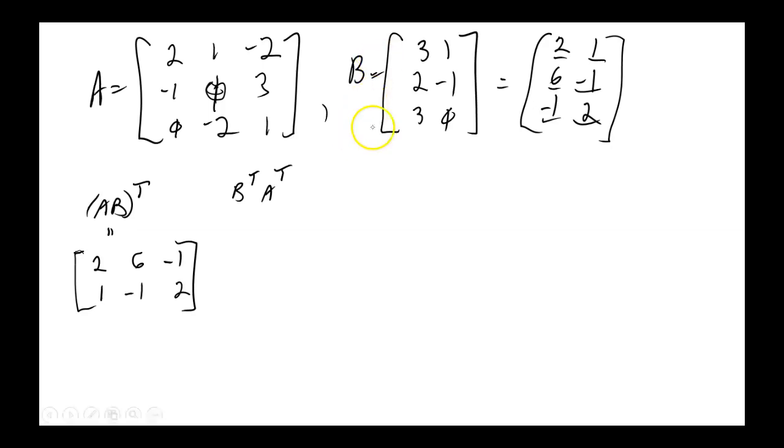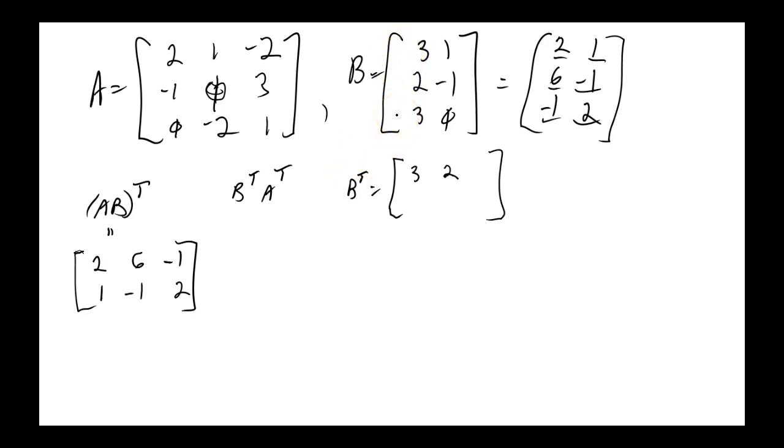Now we've got to do B transpose. B transpose is what? What size will it be? 2 by 3. So its entries will be 3, 1. Okay, where are you now? B transpose.